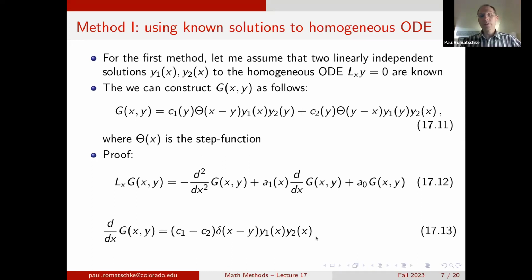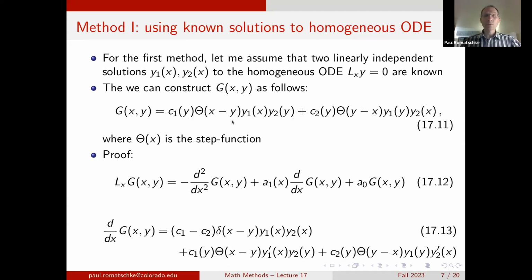Now that is one part of the differential operator acting on g, where it hits the step functions, but in addition there will be other terms where, for instance, the differential operator acts on y1 of x in the first term, that gives us this term over here, and when the differential operator acts on y2 of x, that gives us the term over there.